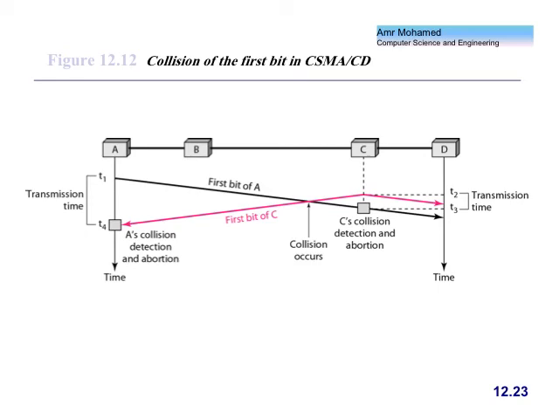So that example is easy. As a motivational question, A will start sending here. A will start sending at time t1. Remember, at time t1, I will start sending my frame.